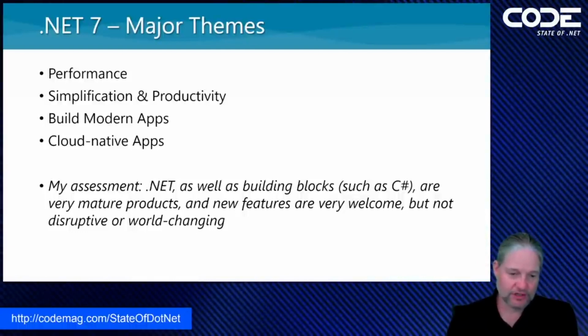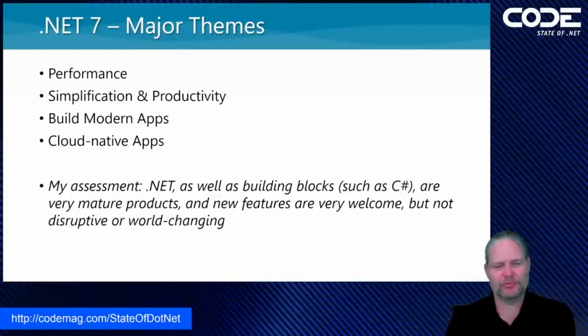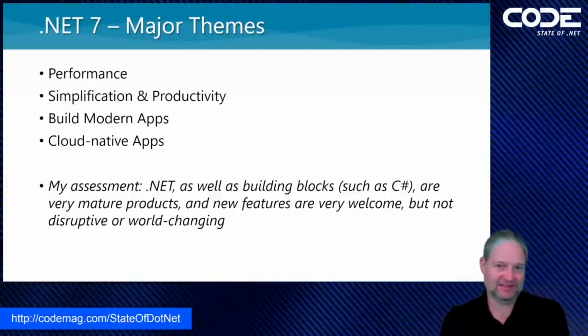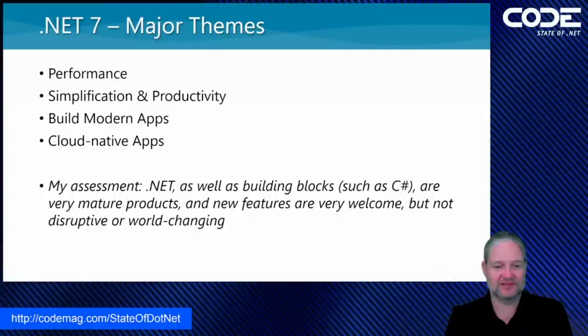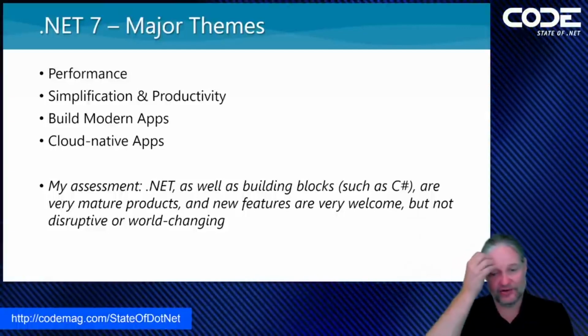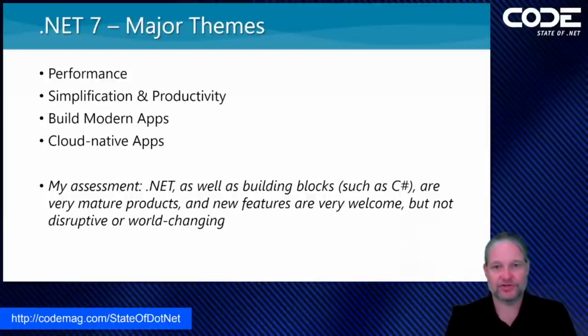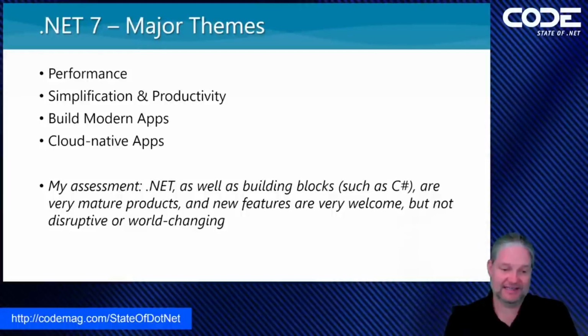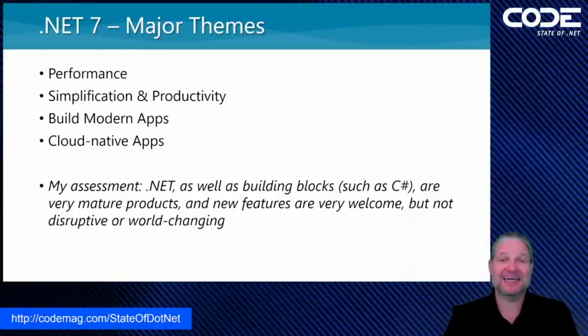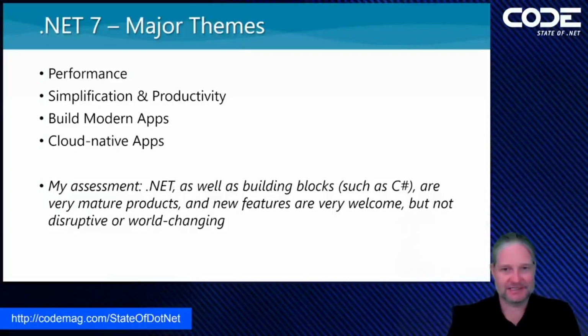So that's cool. Now, of course, cloud native apps, that's always a topic that's there. And when you look at what Microsoft does, cloud is the number one thing that they care about. That's where their business is, especially enterprise cloud apps, but also smaller. So it goes without saying that every new version of Visual Studio, every new version of .NET focuses on making it easy for you to build something in the cloud.